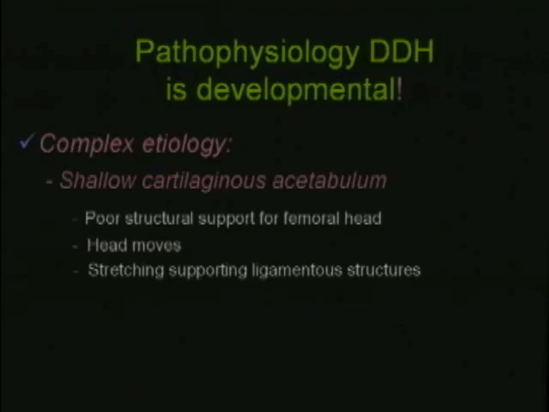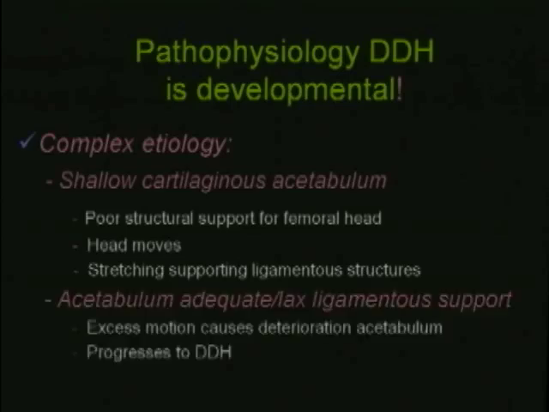Now, the pathophysiology of DDH is developmental, and it's quite a complex etiology. In some babies, the developmental problem is because there's a shallow cartilaginous acetabulum. In this situation, there's poor structural support for the femoral head, and so the head moves and stretches the supporting ligamentous structures.